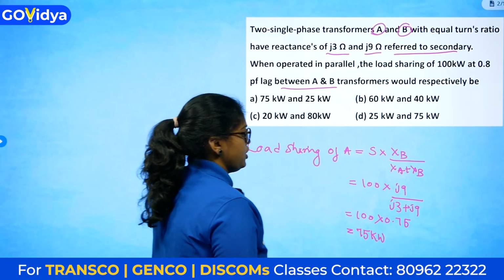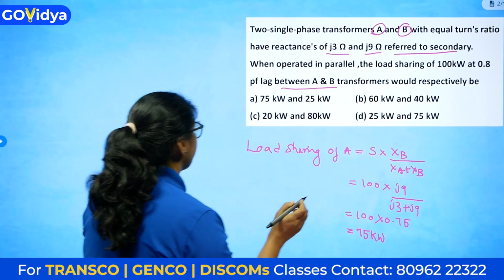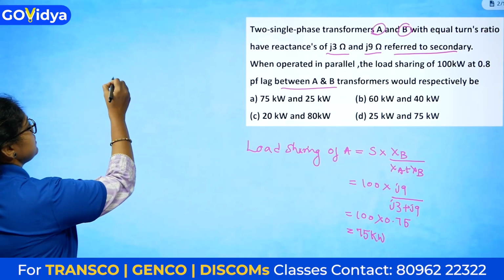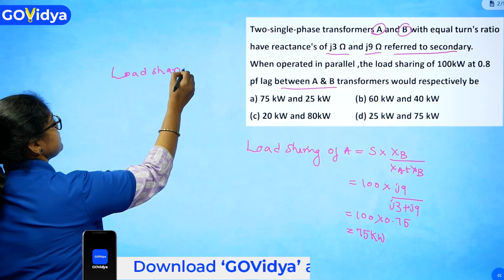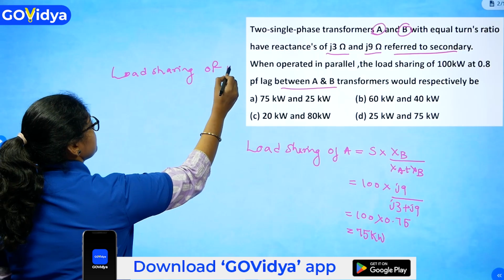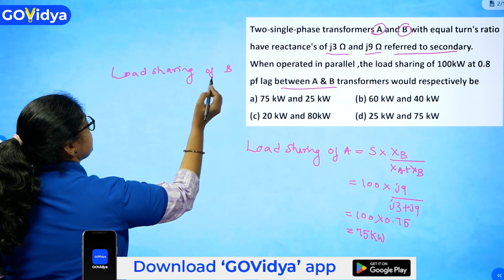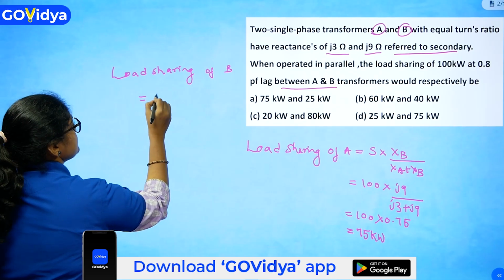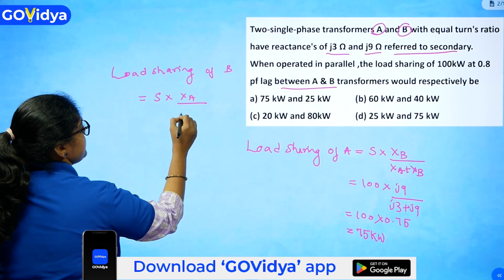Yes or not? In the same way we have to calculate the load sharing for the B transformer also. Load sharing of B transformer is S into XA by XA plus XB.